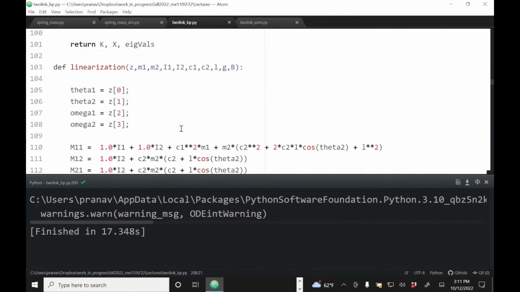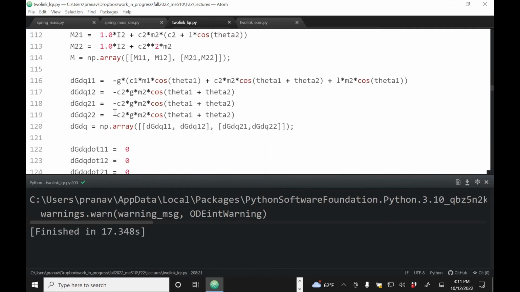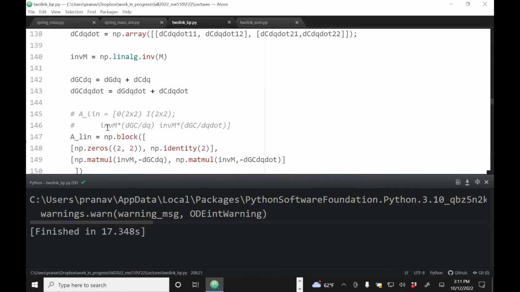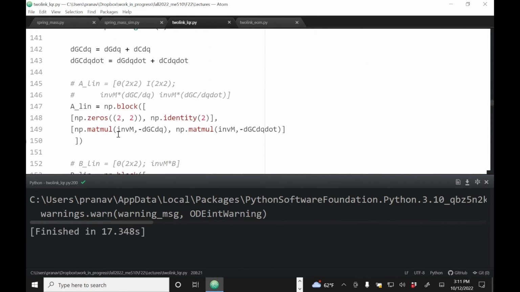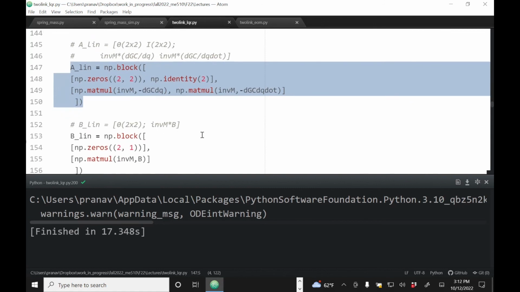You can see these. I have a function called linearization, which computes A and B. So this is the A tilde I wrote down there. I have 0, 0, and then identity. Then I have M inverse times dG/dq, and then this term is actually 0, so you can just ignore that.